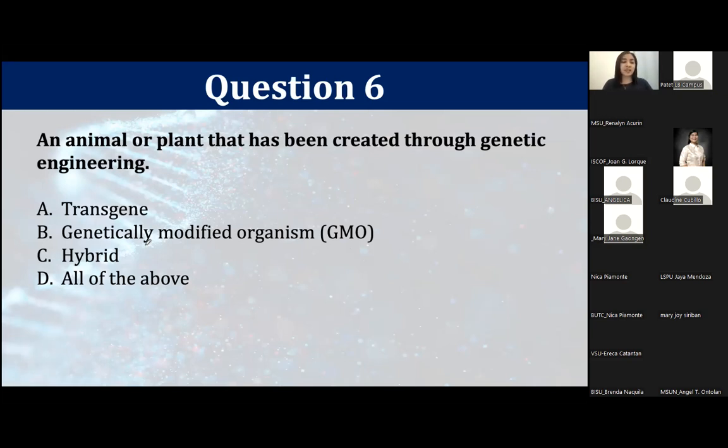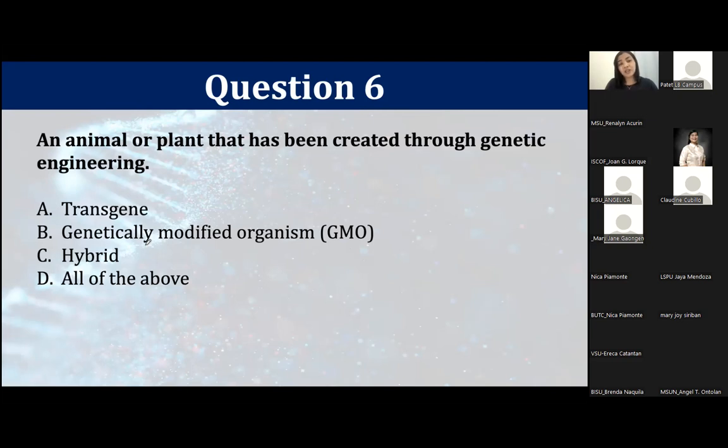So next question: an animal or plant that has been created through genetic engineering. Letter A, transgene. Letter B, GMO or genetically modified organism. Letter C, hybrid. D, all of the above. What is the answer? Okay, some answered letter B. How about the others? Some answered letter D, all of the above.